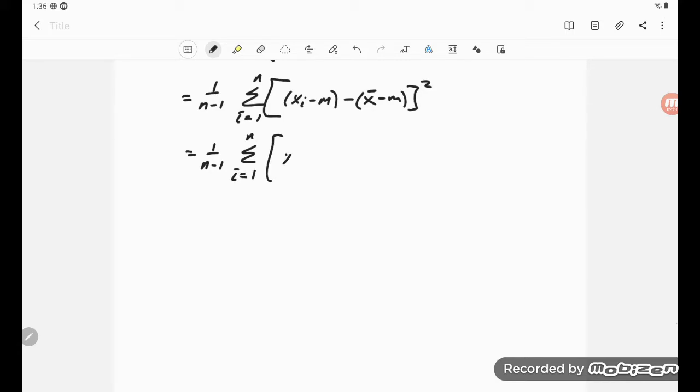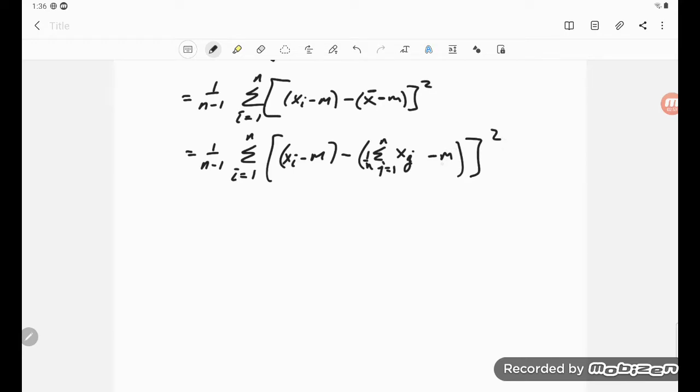We still have our xi minus m, and then minus, and inside here we have the sum, 1 over n times the sum j equals 1 to n of xj, so that sum, and then minus m, all squared.